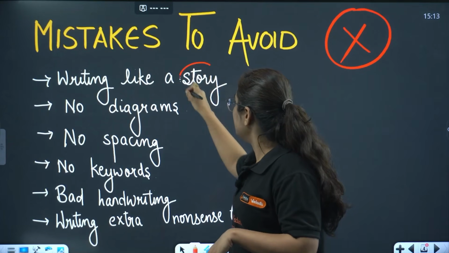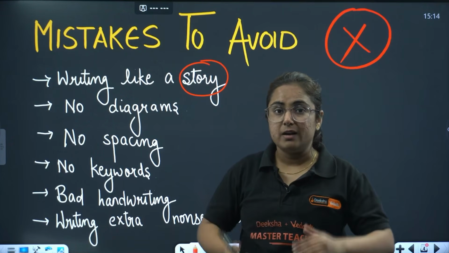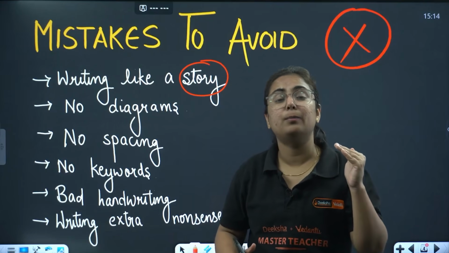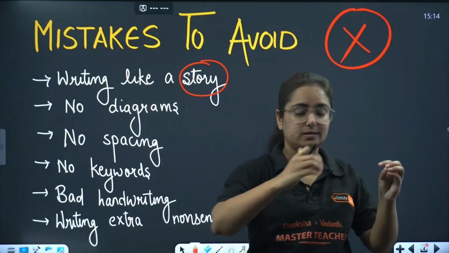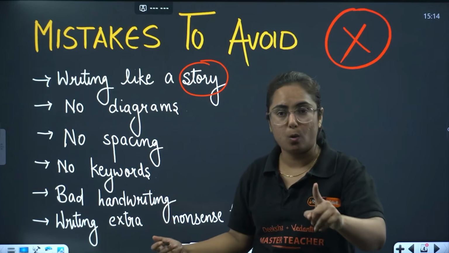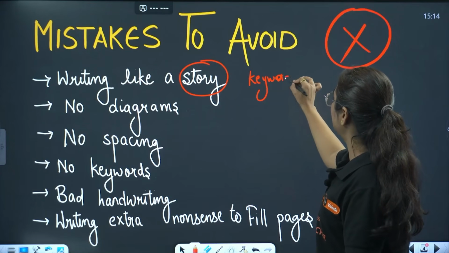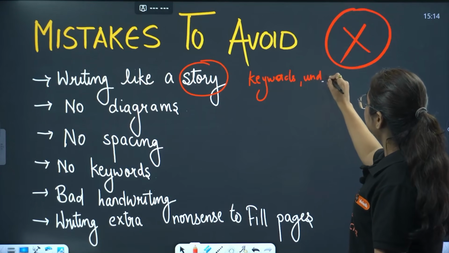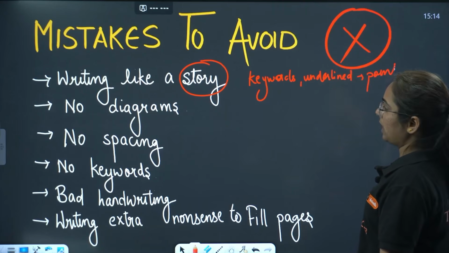Writing like a story. No story, no katha is going on here. Rather write always your answers in points. Do not add your own words like this happened, then this happened. No, always and always the keywords, and that too underlined, written in points, need to be focused.